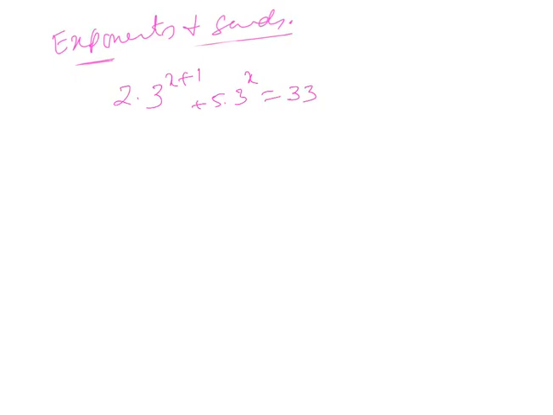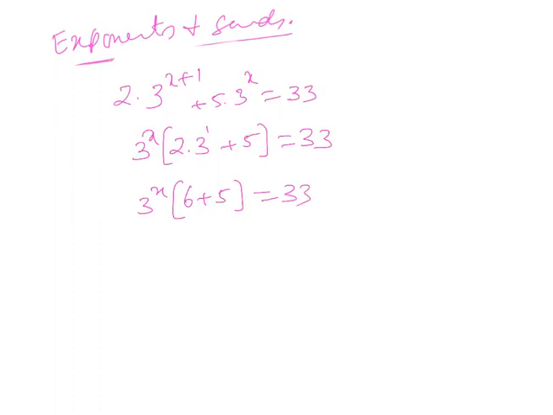So I take the common factor as 3 to the power of x. It becomes 3 to the power of x times 2 times 3 to the power of 1 plus 5, which is 3 to the power of x times 6 plus 5, is equal to 33, and 3 to the power of x times 11 is equal to 33.